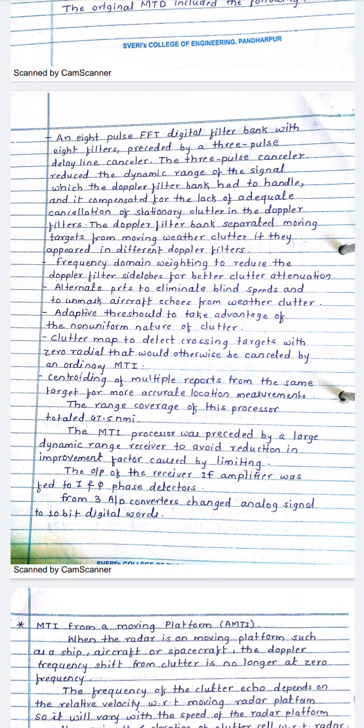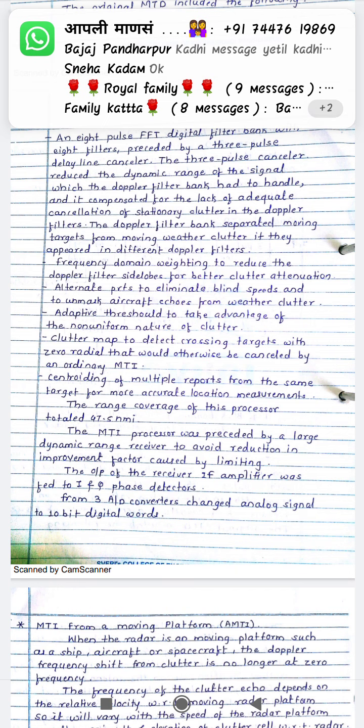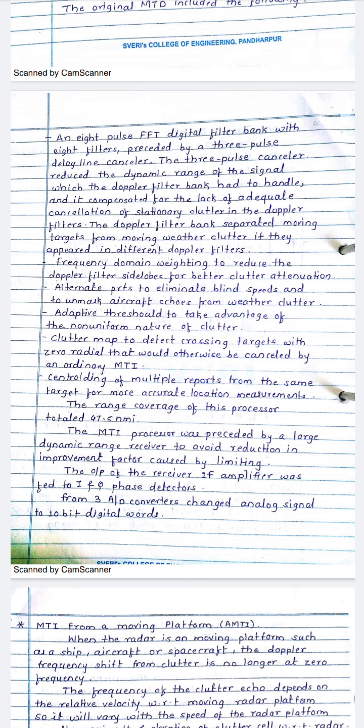Frequency domain weighting to reduce the Doppler filter side lobes for better clutter attenuation. Alternate paths to eliminate blind speed and to unmask aircraft echoes from weather clutter.